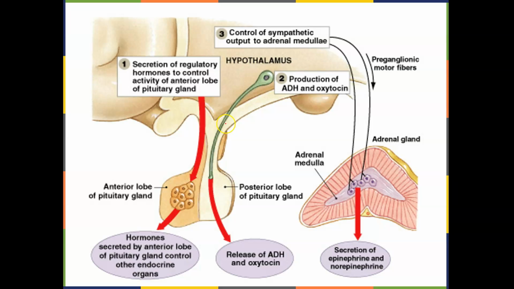The secretion of regulatory hormones causes secretion of a compound into the bloodstream in the adenohypophysis, and the hypothalamus actually releases here. The whole reason I put this in here, this is a slide from physiology, isn't so much that you can look at process 1, 2, and 3. It's more so that you can see this one axon coming down here into the neural hypophysis, and then ADH, oxytocin causing things to happen. We're going to ignore the adrenals in this slide.